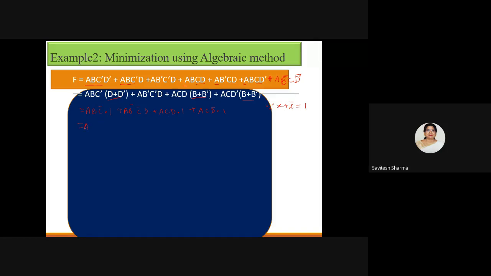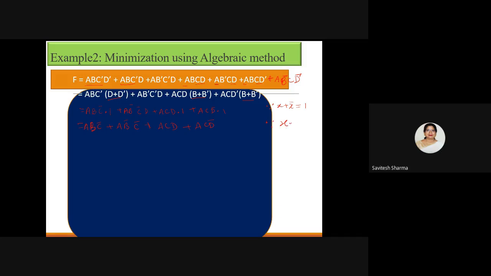Next step you will not directly write A B C, means directly you cannot write. So you will write A B C complement plus. Next step you are writing here. Here again you will write what property you are applying. Which property am I using?